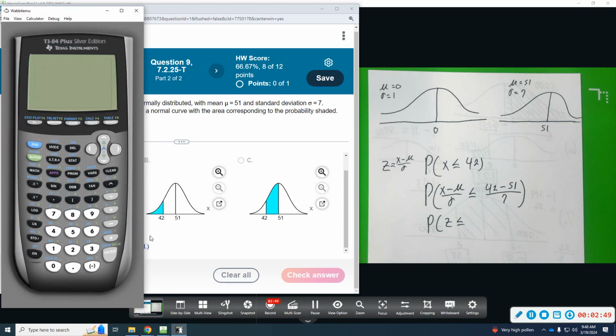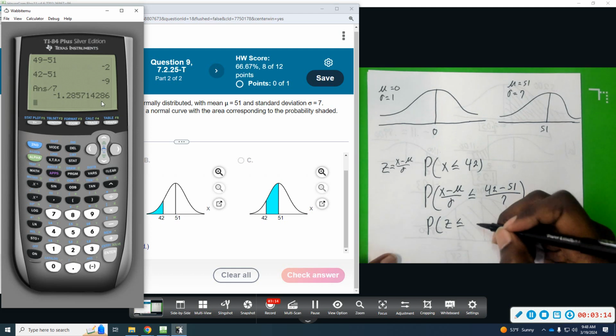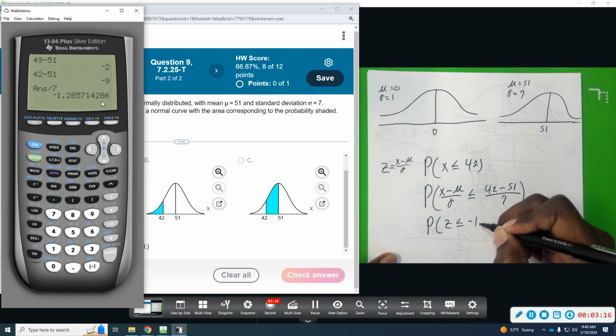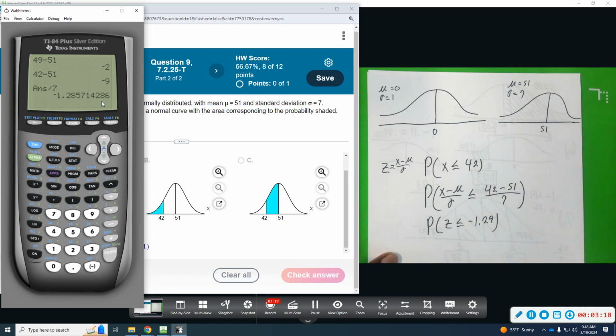So let's do that. 42 minus 51, and then we divide by 7. So the z-score is negative 1.29. We round it, negative 1.29. So I'm looking for the area to the left.